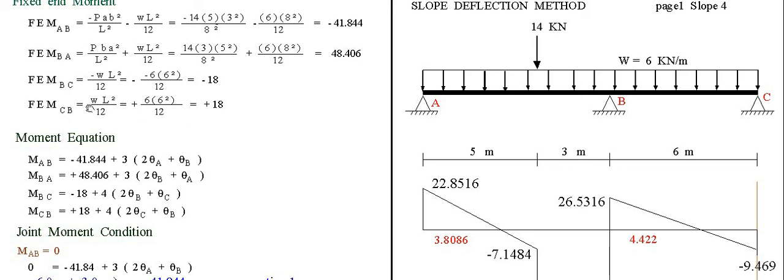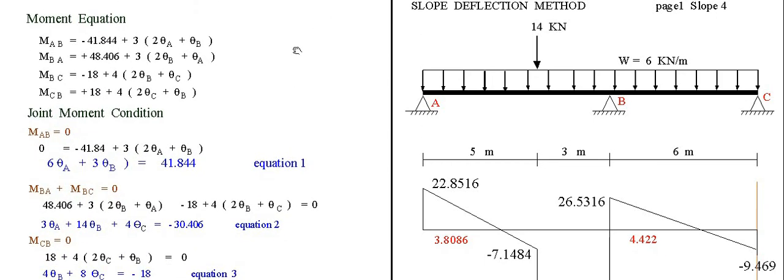CB is also the same, only it is plus 6 uniform load times the span of 6 divided by 12, and it is positive 18. Minus, plus, minus, plus.